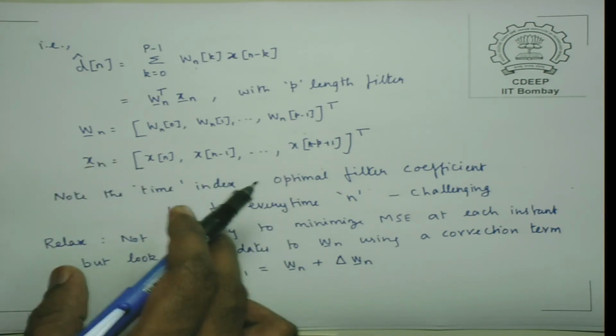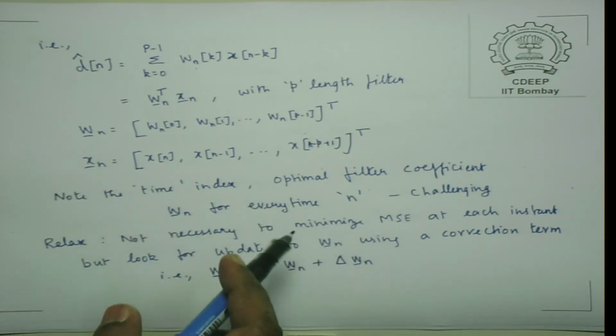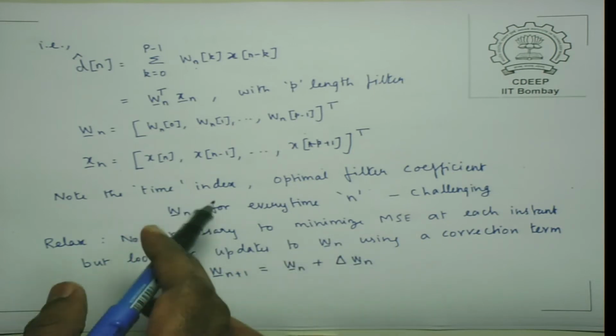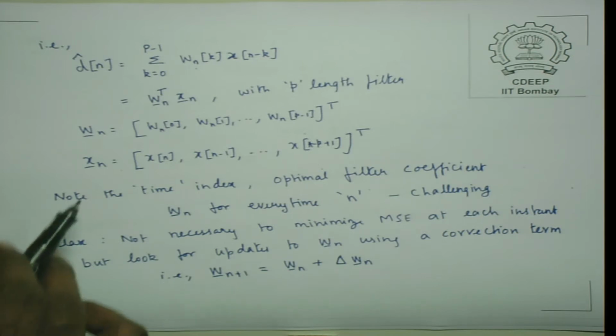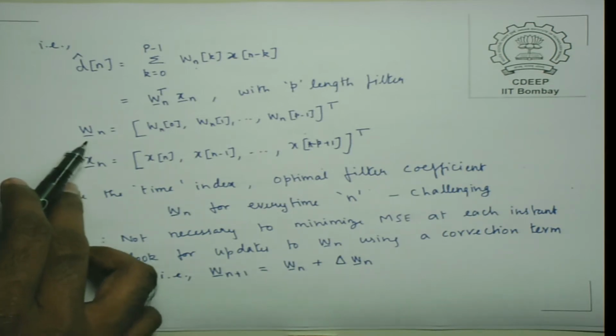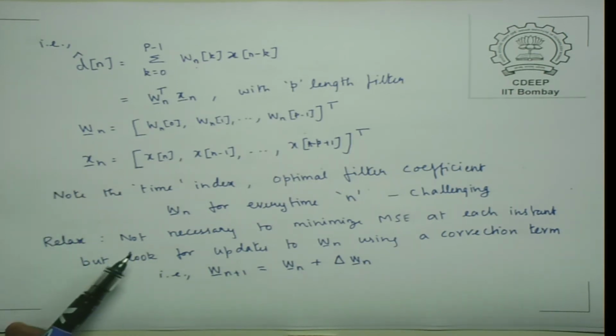So, obtaining this optimal filter at every time instant n is going to be challenging and difficult, because there are aspects involved in estimating this W, right. So, what if we do not want to estimate this optimal filter at every instant n? Instead, we want a way such that when we update this W, rather than getting to the minimum in one step, we look at ways of updating W so that this error keeps decreasing, right.